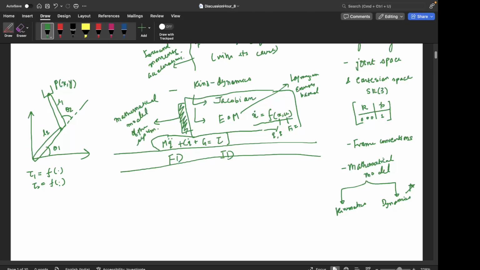Now from this point on, we will be interested in the continuous motion of the manipulators.